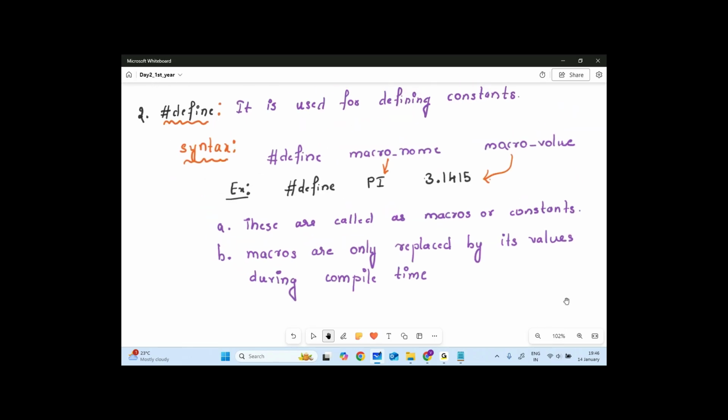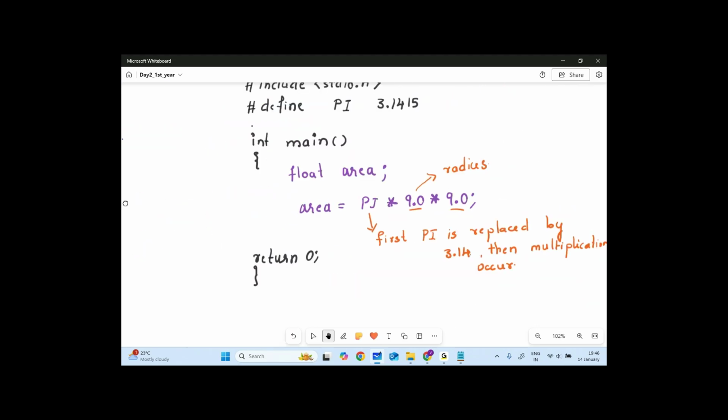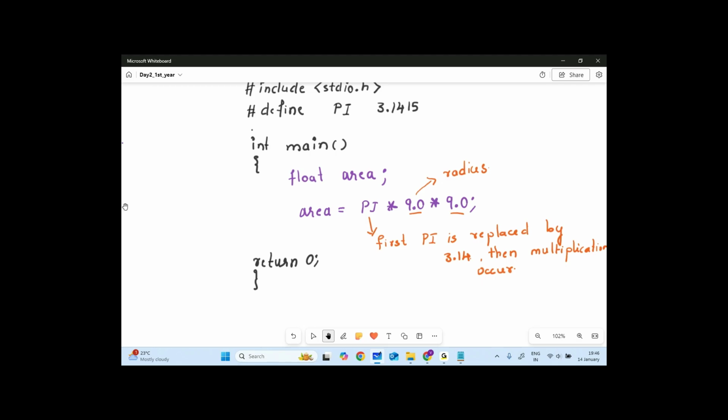Now apart from this, as we have already discussed, macros are called constants. If I try to change the pi value, pi plus plus, the compiler will throw me an error. Why? Because macros are constants, so they are fixed values.